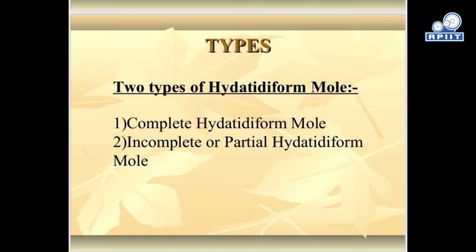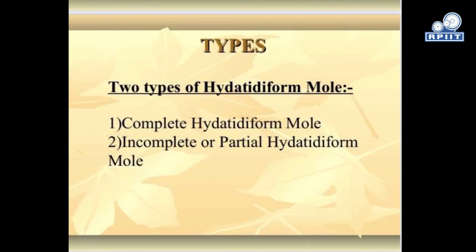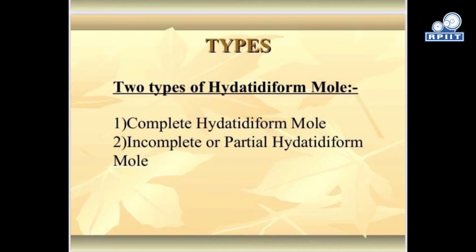Types. There are two types of hydatidiform mole pregnancy. First, complete hydatidiform mole pregnancy, and second, incomplete or partial hydatidiform mole pregnancy. In the complete mole, the placental tissue is abnormally swollen and appears to form fluid-filled cysts, and there is no formation of fetal tissue.